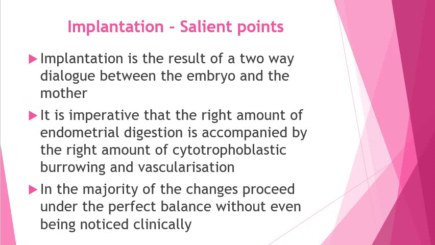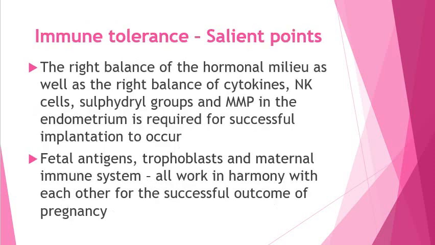These changes, if not cleverly regulated, could be a source of potential harm to either the mother or the fetus. In the majority of cases, fortunately, the changes proceed under perfect balance without even being noticed clinically.